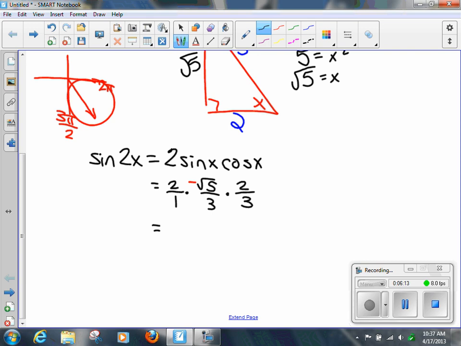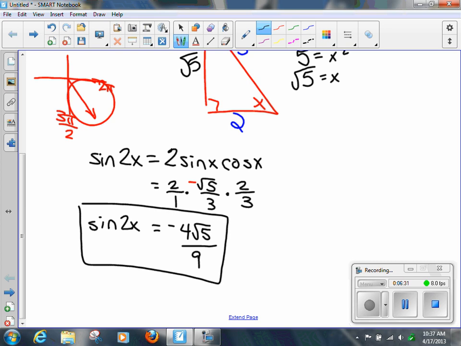Tangent. Your tangent is negative. Okay. What's the fraction? What's the value? How many of you got negative 4 root 5 over 9? And comprende why? Hands up high.